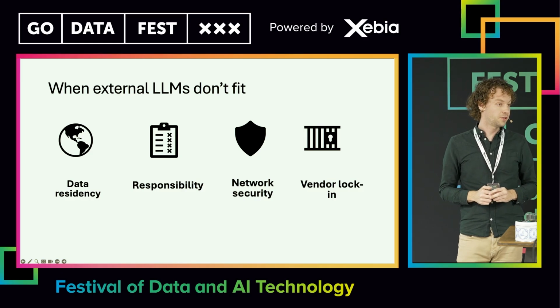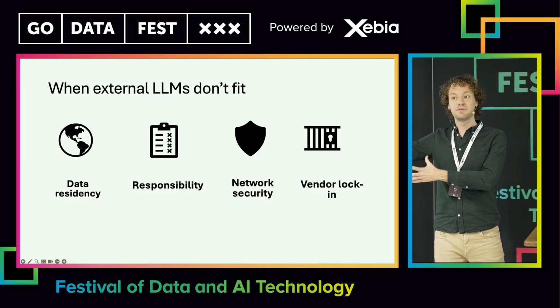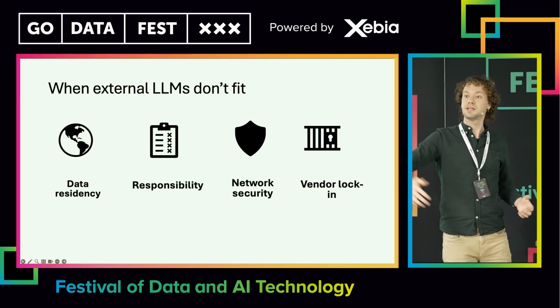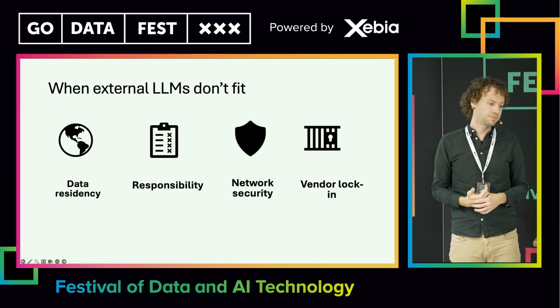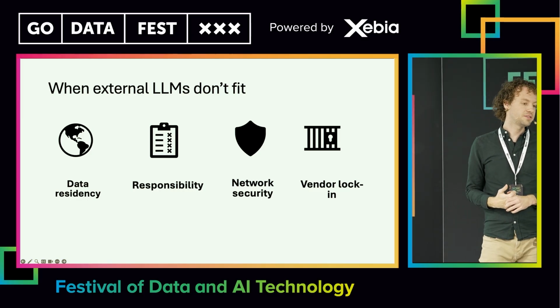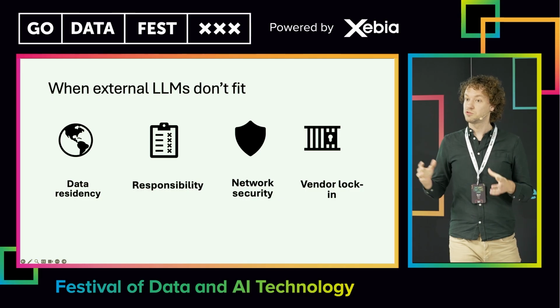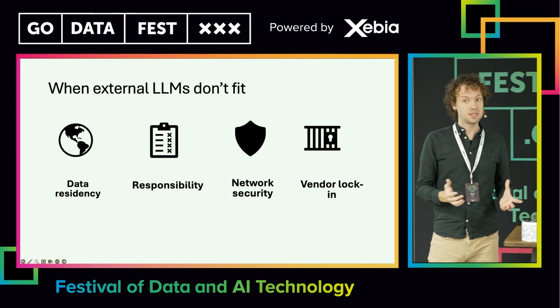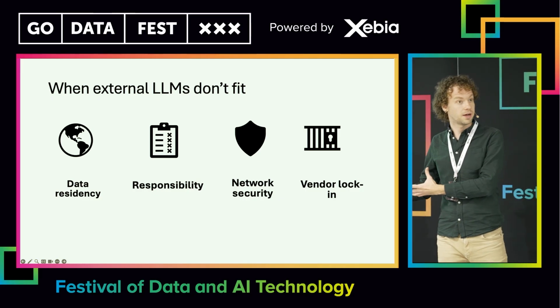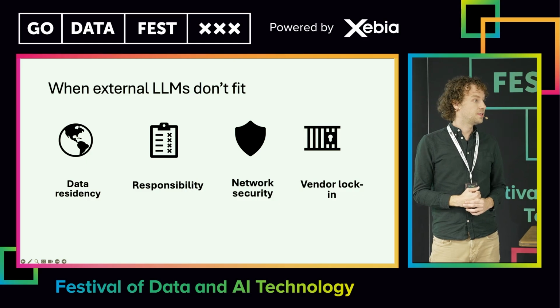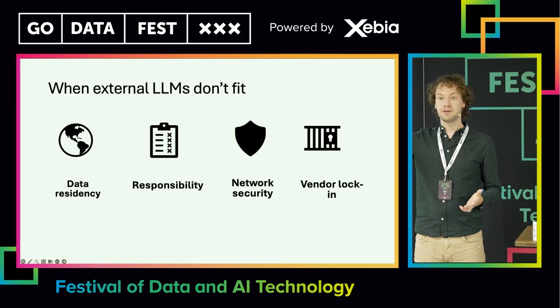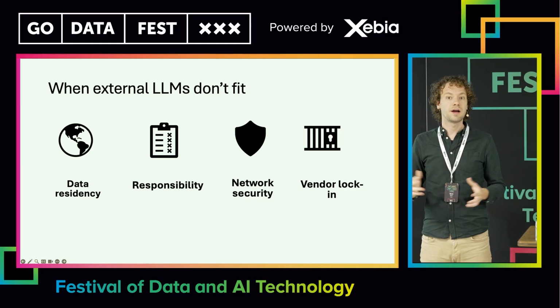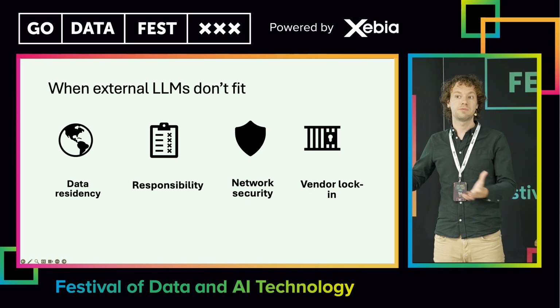We have network security, because when you use an external provider, you send all the data over the internet to the other provider. And there is also the challenge of vendor lock-in. When I, for example, choose ChatGPT, I can only use OpenAI as a provider. So maybe OpenAI increases their rates, and I have no choice but to stick with OpenAI.